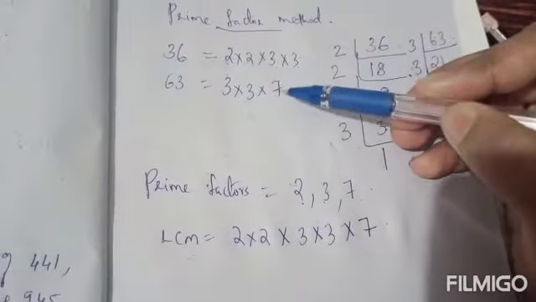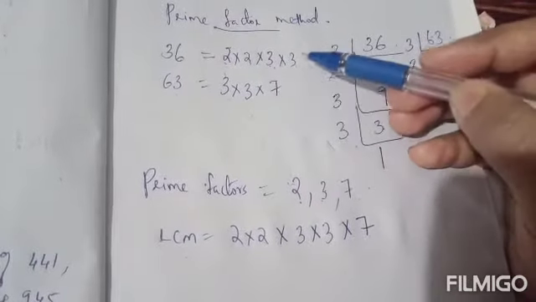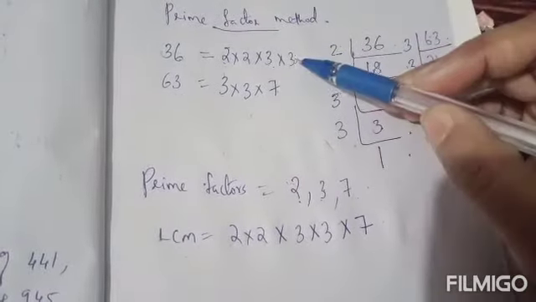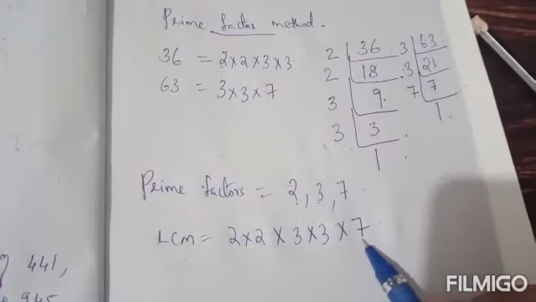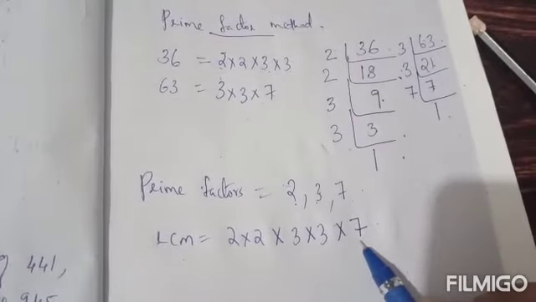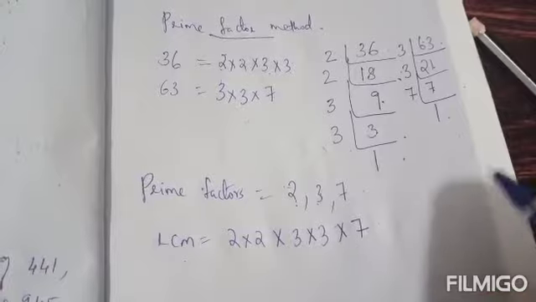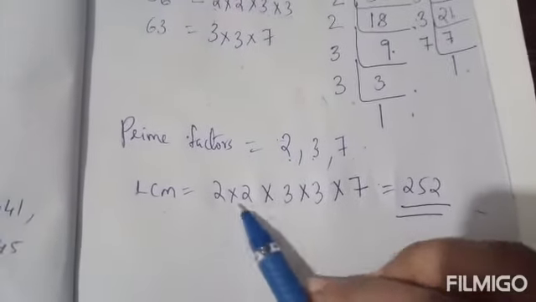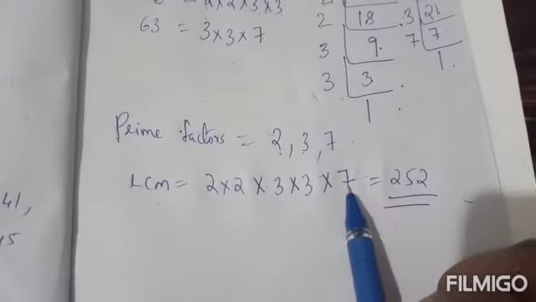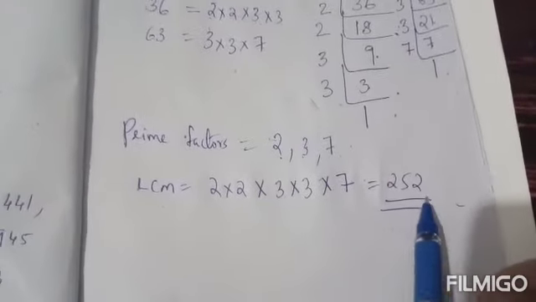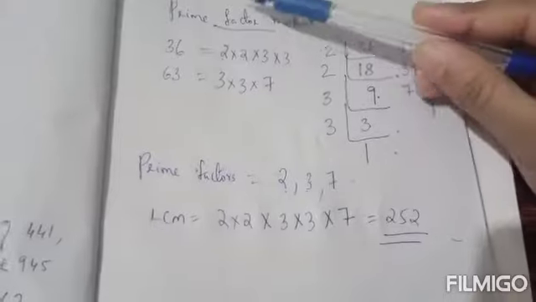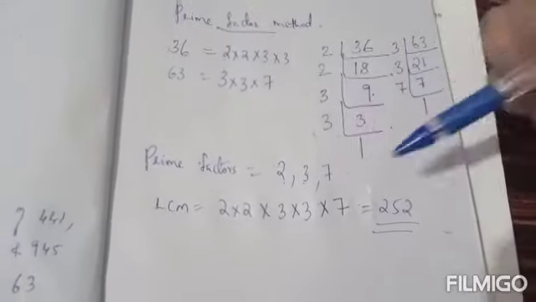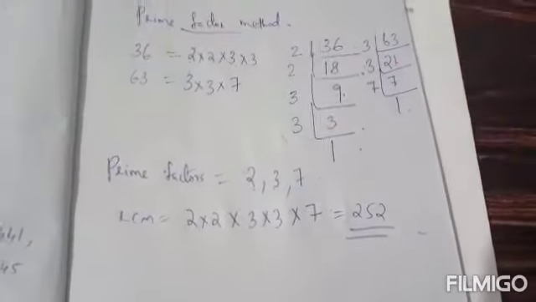Now 7 is coming one time in 63 and 7 is not coming in 36, so in their LCM 7 will come one time. On multiplying 2 into 2 into 3 into 3 into 7, you will get 252. So the LCM of 36 and 63 is 252.